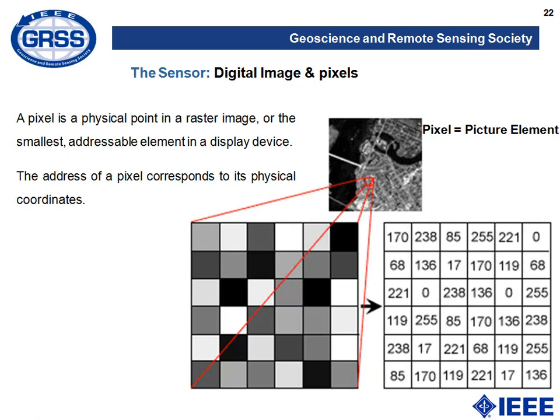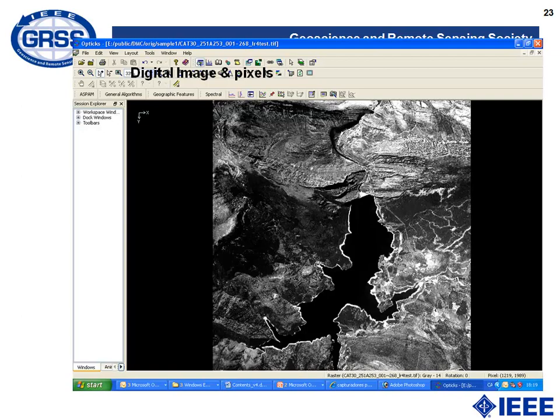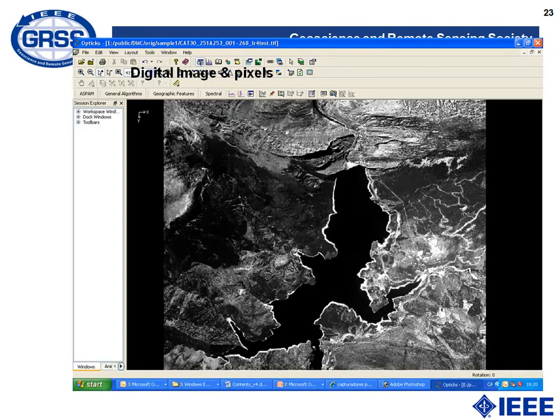According to the previous definition, a good definition of the pixel is the smallest addressable element in a display device, and the address of a pixel corresponds to its physical coordinates. The next slide shows the same image at different scales.